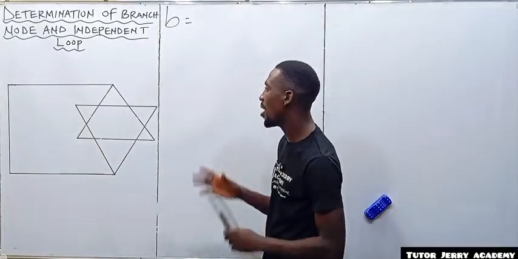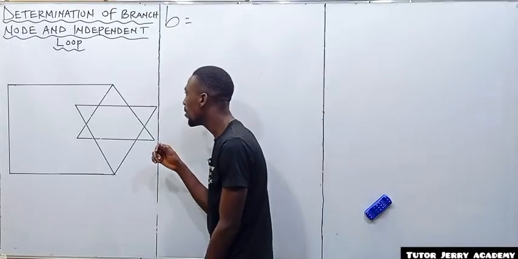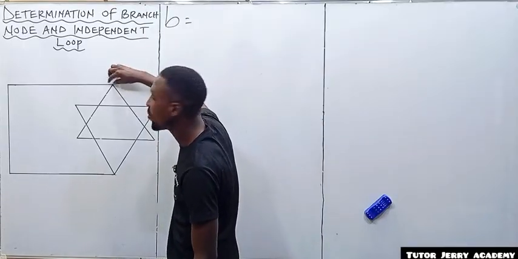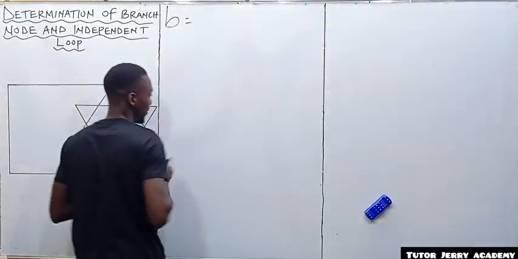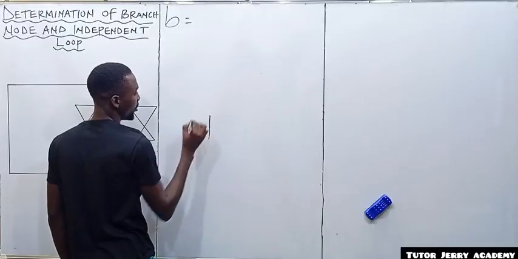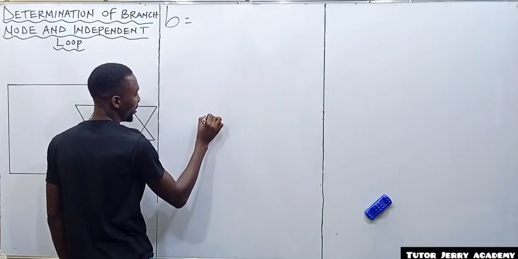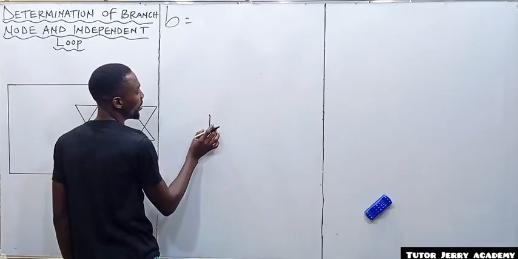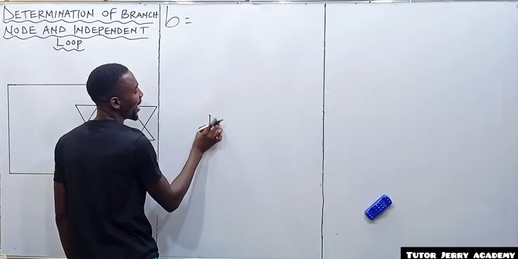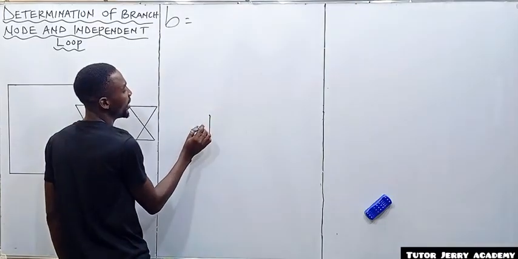Now how do we know this? For you to know that we have a branch, if we have a line like this, which has two terminals, it is always between these two terminals that we normally have our element.